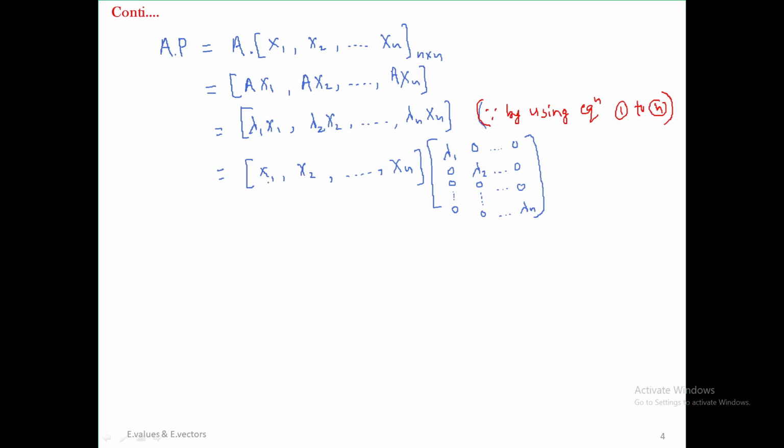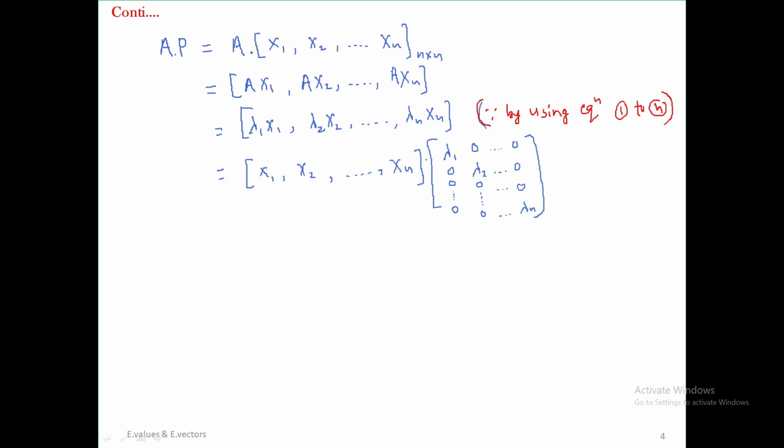Am I getting that? Check once. This entire row with this column, what will we get? That should be written in the first entry, right? Next, this entire row with the second column should be written as the second entry. So first I am multiplying this row with this column: x1 into lambda 1 plus x2 into 0 plus, up to xn into 0.